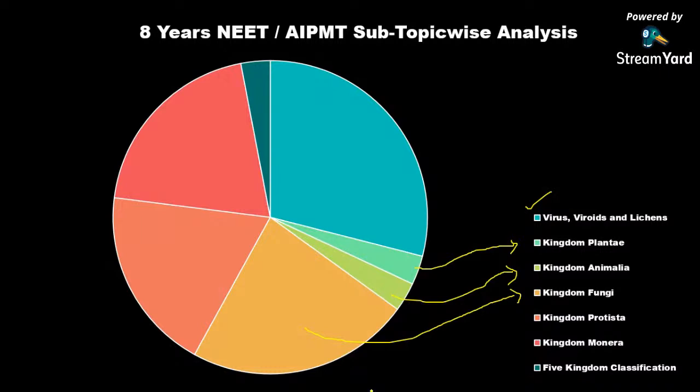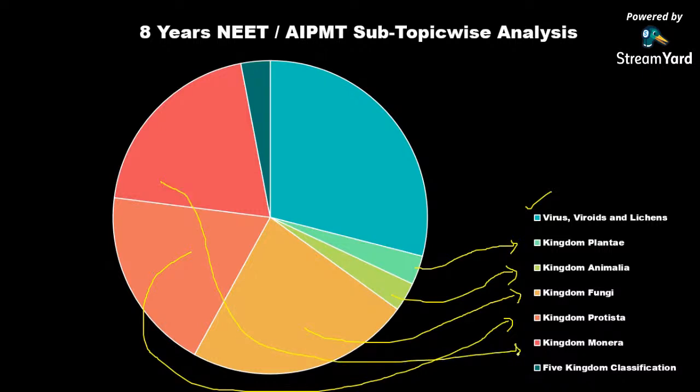After that is kingdom Protista. Then you have the weightage of kingdom Monera, and at last the least weightage is on the topic 5 kingdom classification. This is the 8 years NEET or AIPMT subtopic-wise analysis of biological classification.